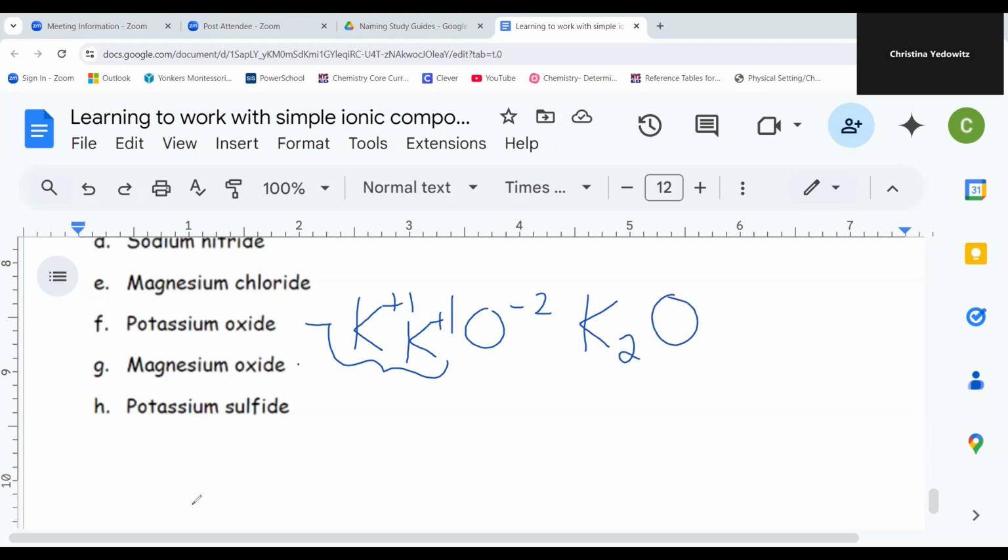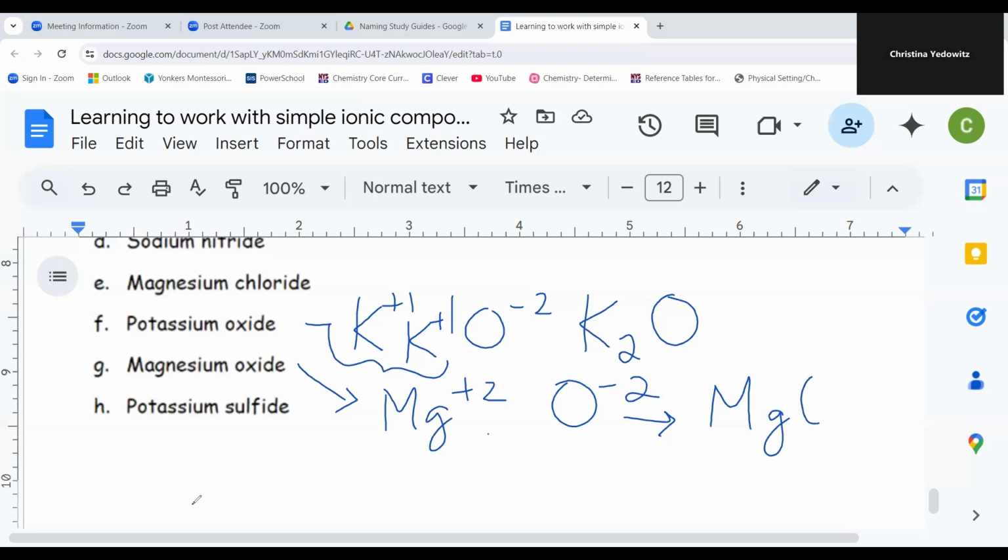Okay. Next, magnesium has a +2 charge. Oxygen has a -2 charge. You're going to see we already won this game. These guys are already balanced out. So I'm going to go ahead and just write MgO. I only needed 1 of each of them. And last but certainly not least, we're going to do potassium sulfide.